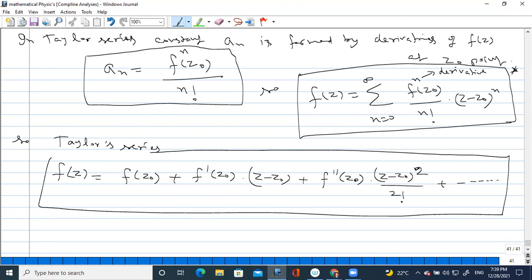So these are so many forms of Taylor series. You have to understand it, practice it, and use whatever is needed. Okay, so suppose sometimes this point z0 is given as the origin only. Origin means 0.